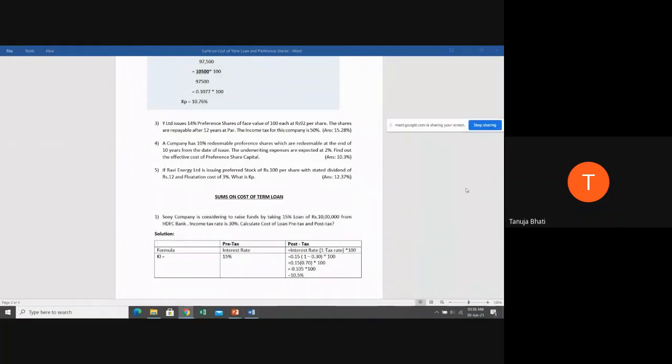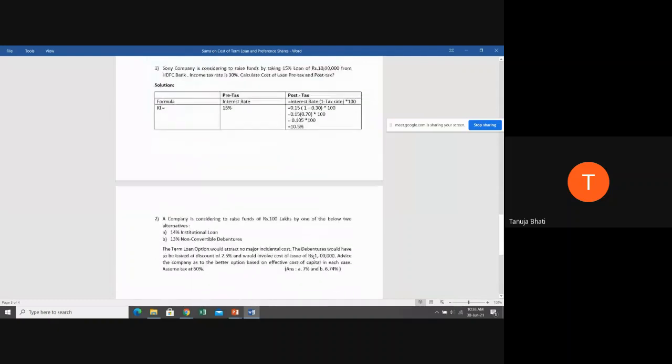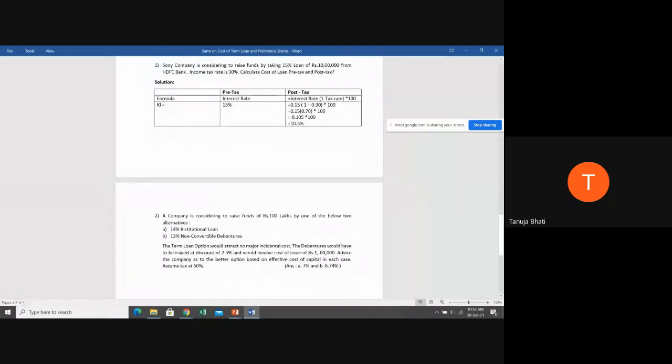Okay. Now moving ahead to the next problem, which has to be solved by all, but we will discuss it now. A company is considering to raise funds of rupees 100 lakhs by one of the below two alternatives.